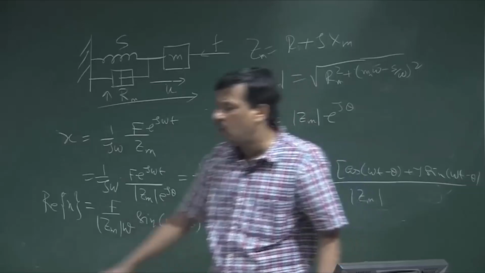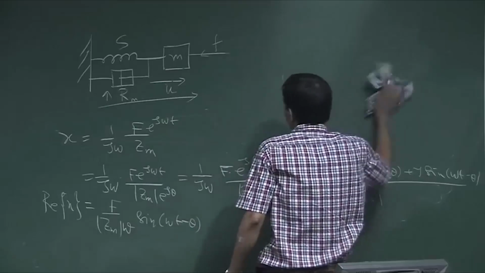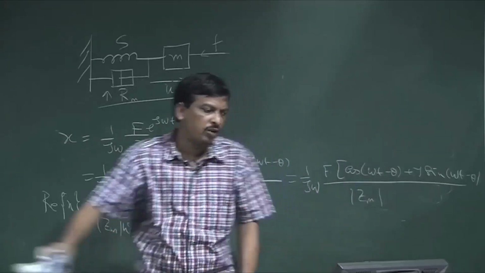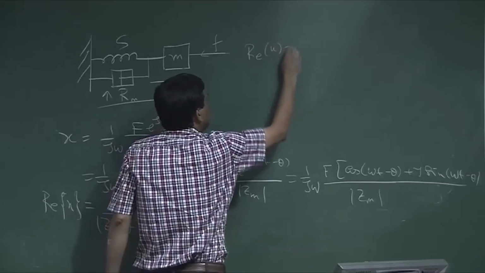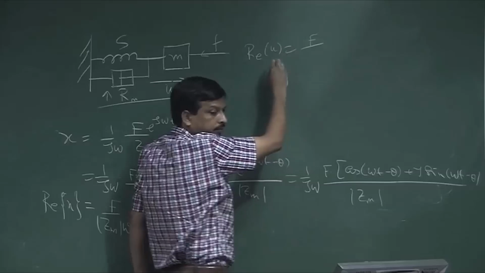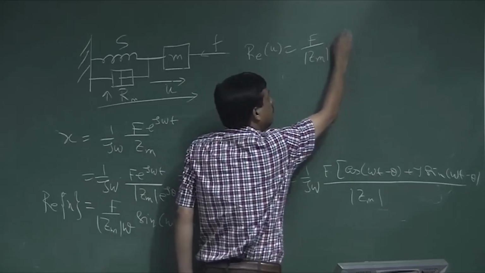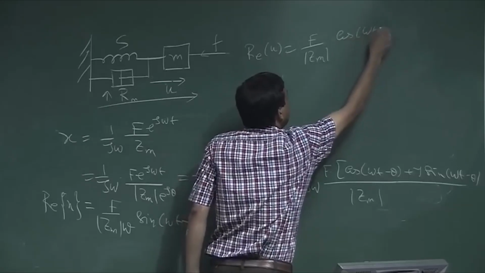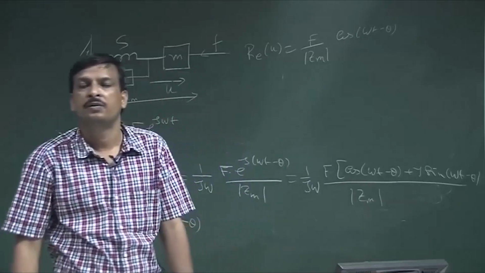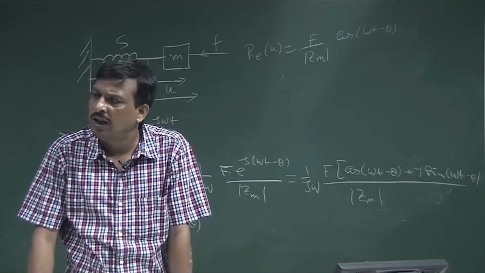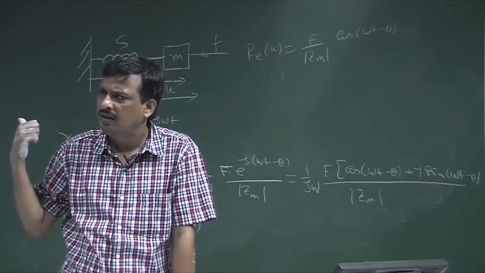Now, what is the real part of u? Similarly, I can find the real part of u from the u equation, which is nothing but f by mod of Zm into cos of omega t minus theta. Okay. So I take the u equation and take the real part of e to the power j omega t minus theta.